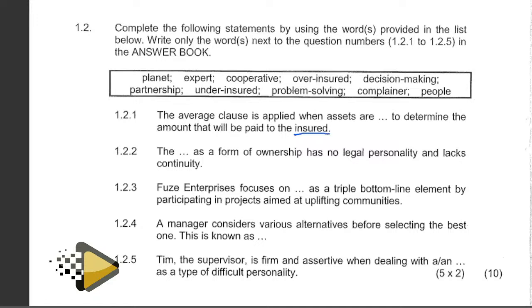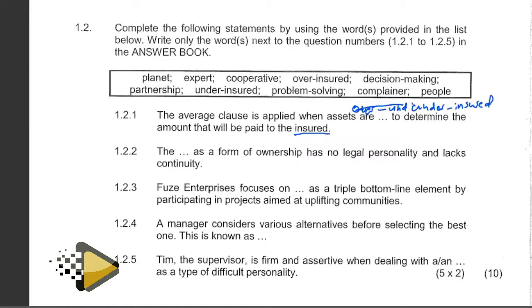It means that the good or the business has been underinsured. So our appropriate answer is going to be underinsured.